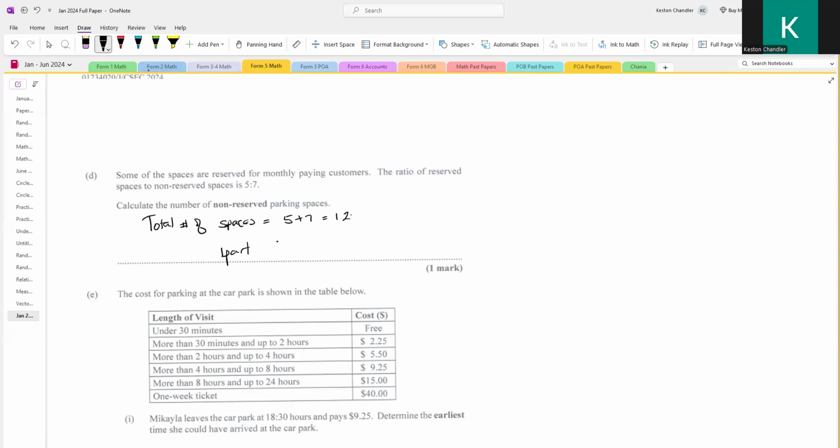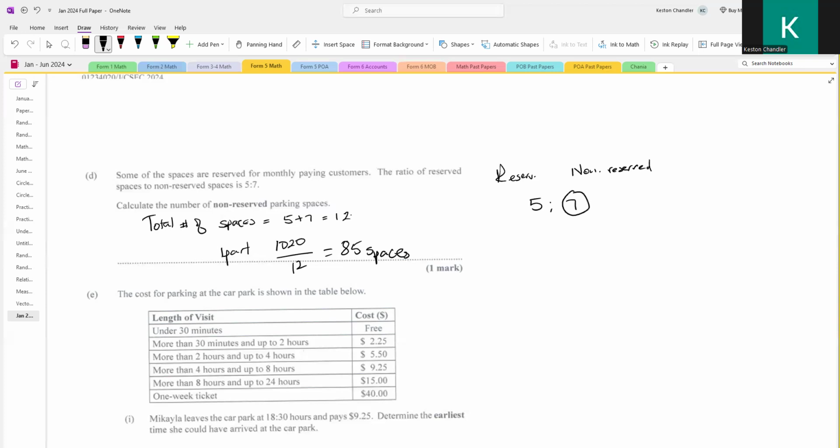So if we divide the 120 spaces by 12, what we get is how much is equivalent to one part. So one part is 85 spaces. And what we have is 5 parts to 7 parts, where reserved is 5 and non-reserved is 7.